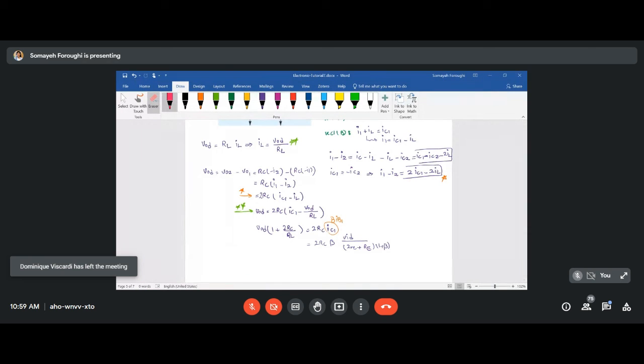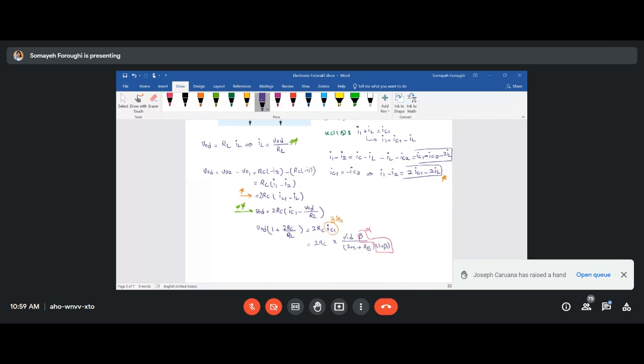Remember again, beta over 1 plus beta also equals alpha. So it means you can show the total left side of the equation by 2RC VID alpha over 2re plus the capital RE. And this all equals VO times 1 plus 2RC over RL.